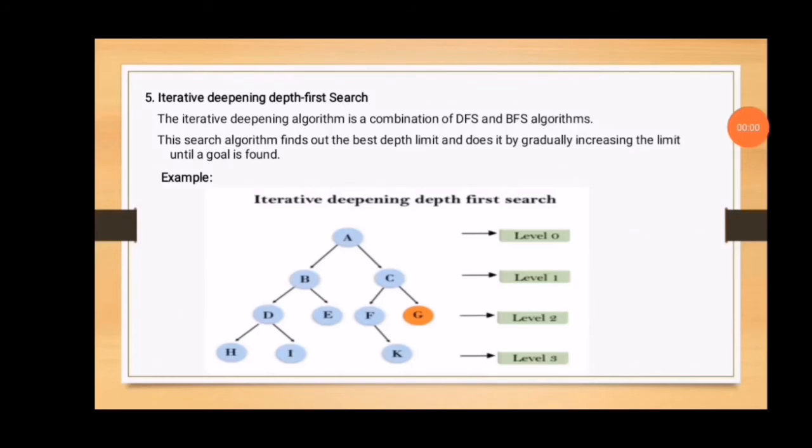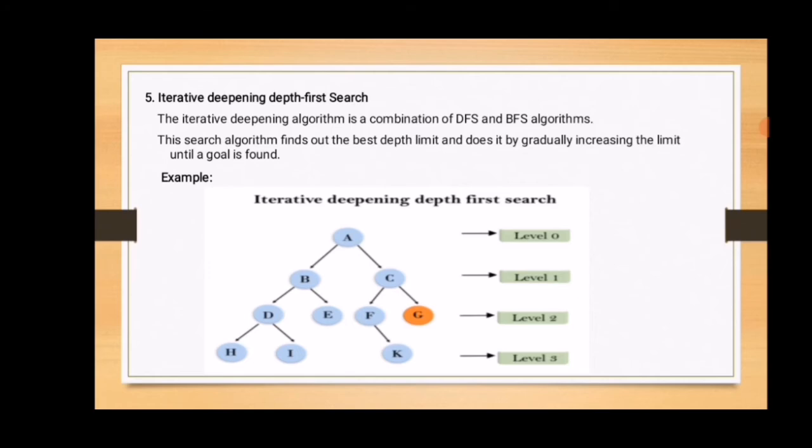And the fifth type is iterative deepening depth first search. The iterative deepening algorithm is a combination of DFS and BFS algorithms. This search algorithm finds out the best depth limit and does it by gradually increasing the limit until a goal is found.